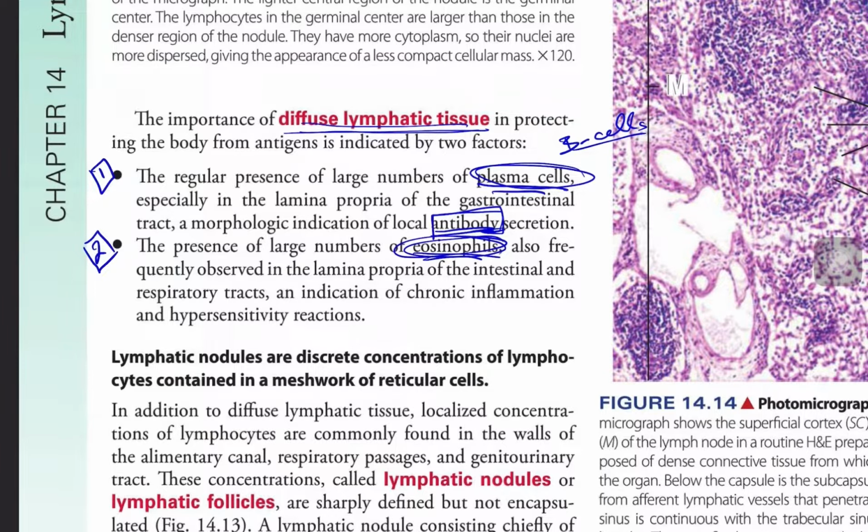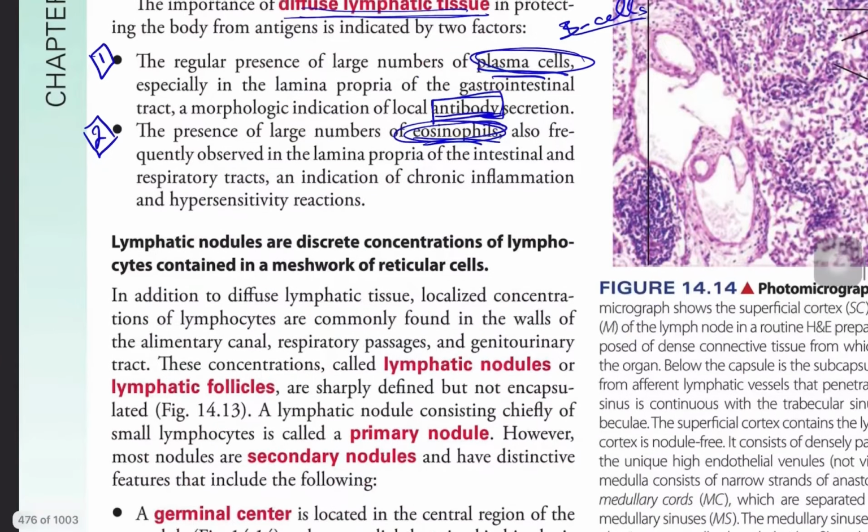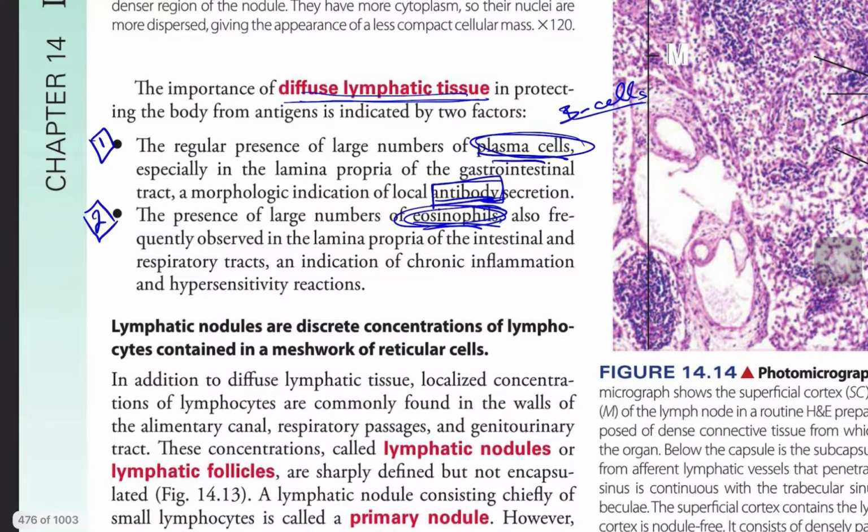It is important to note that eosinophils are activated by interleukin 5. So to sum it up, the diffuse lymphatic tissue has two types of cells: plasma cells for antibody secretion, and eosinophils for chronic inflammation and hypersensitivity reactions.